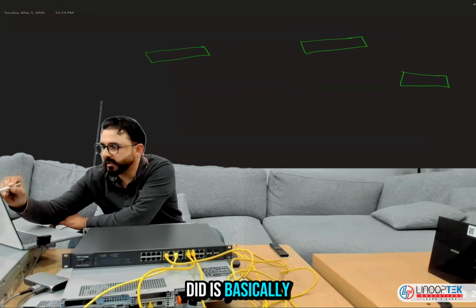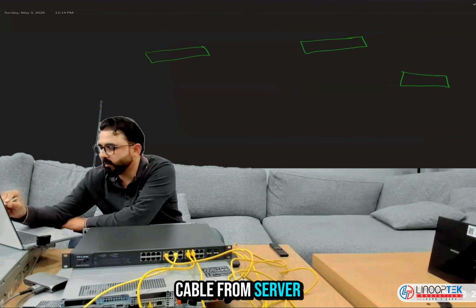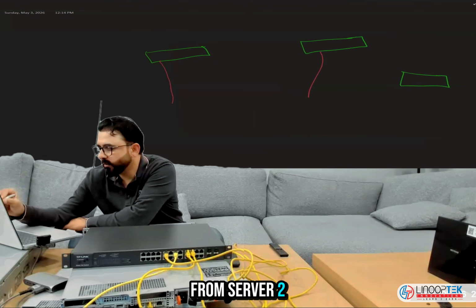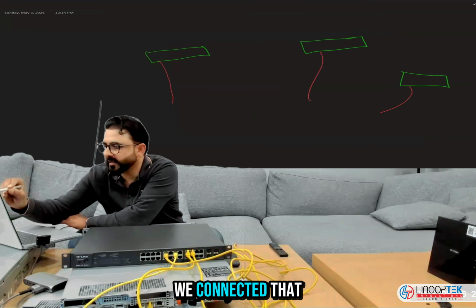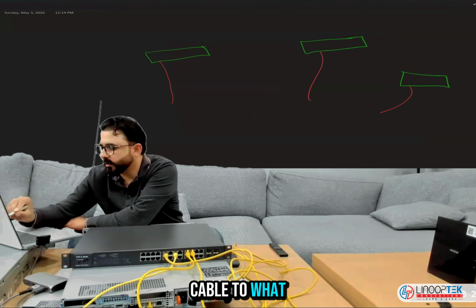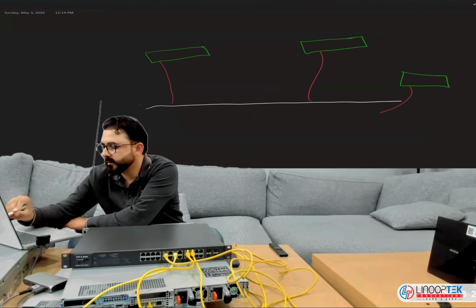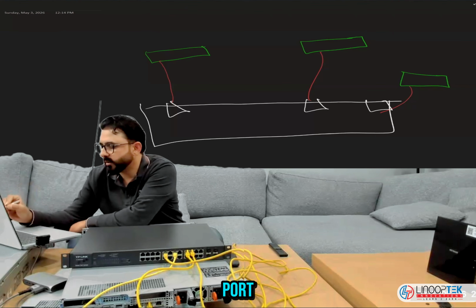And what we did is basically we took a cable from server 1, from server 2, from server 3, right? And then we connected that cable to what? To a switch over here, right over here, to this port, to this port, and to this port.